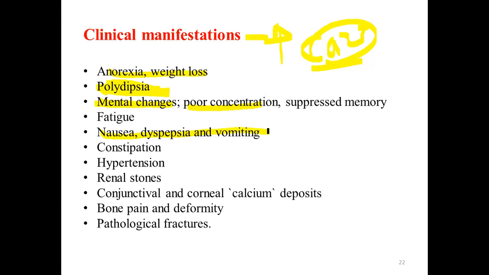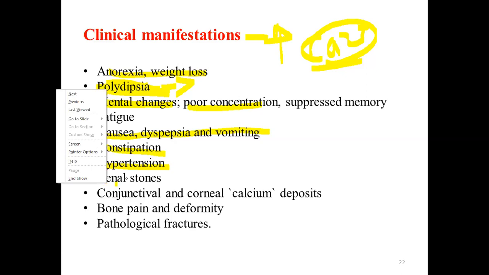Then I think polydipsia is mainly because of the dehydration. So the patient will have an excessive urge to take water, constipation, hypertension. Then when calcium accumulates in the kidney, it can actually cause renal stone.